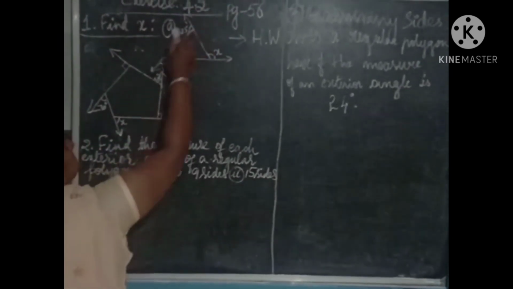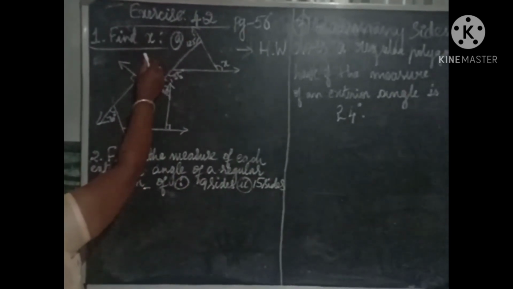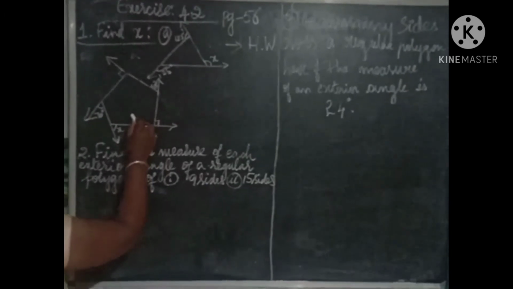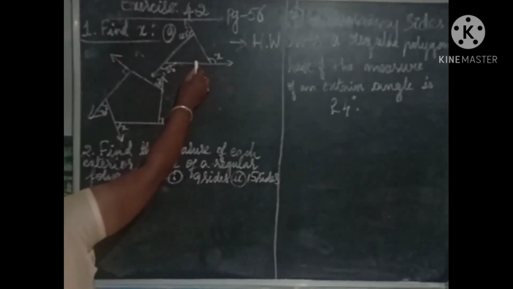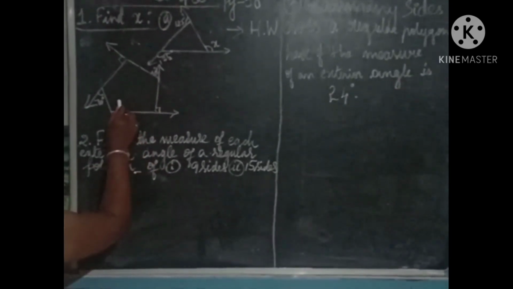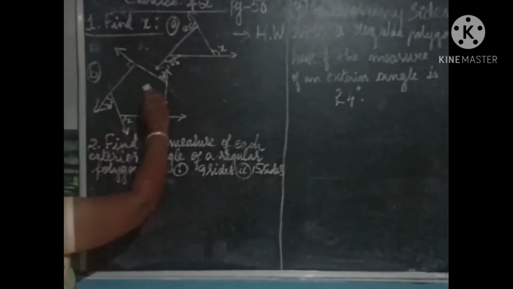Exercise 4.2, page 56, find x. We have two problems here. One is a triangle, a 3-sided polygon, and another one is a 5-sided polygon.